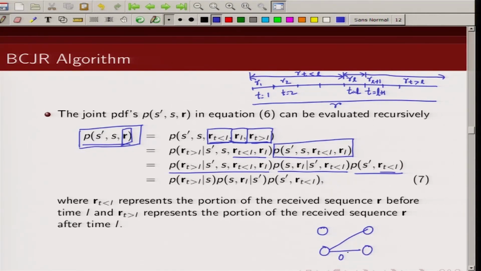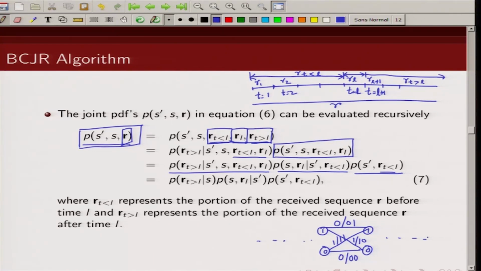What I had here was 0 by 0 0, 1 by 1 1, then I had this as 1 by 1 0, and this was 0 by 0 1. So, this was my trellis diagram. This is state 0, this is state 1. Okay. And like that, in the trellis diagram, this is one trellis section, you will similarly have other trellis sections. So, this is time L.